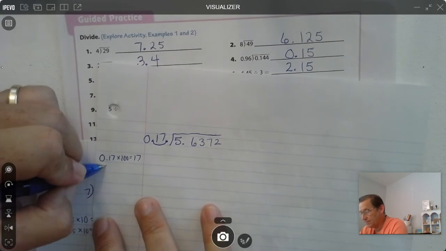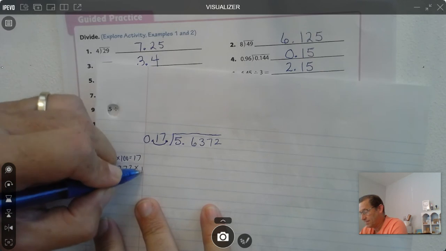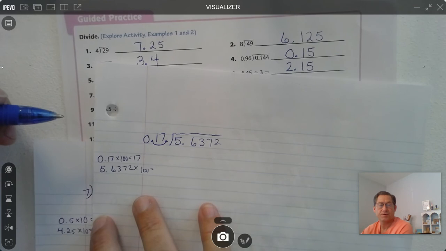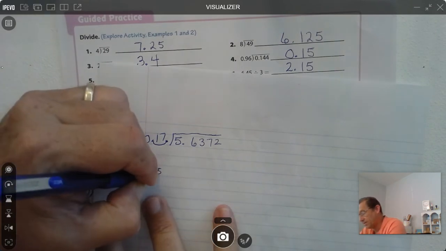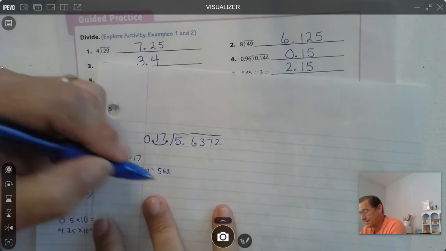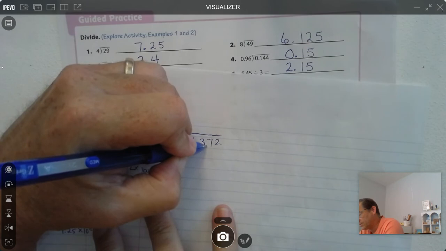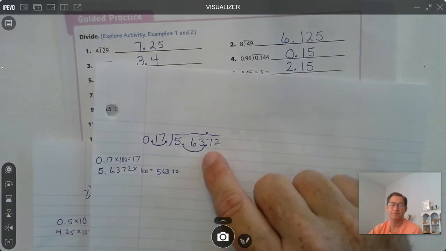And we're going to do the same thing to the dividend. So 5 and 6,372 ten thousandths multiplied by 100 would be 563 and 72 hundredths. So we're 2 places to the right.